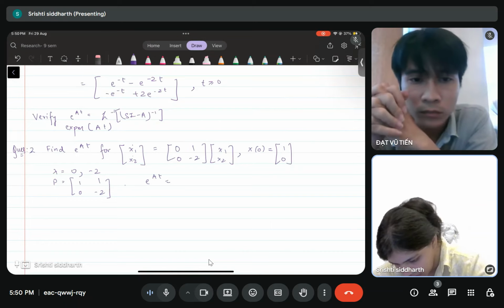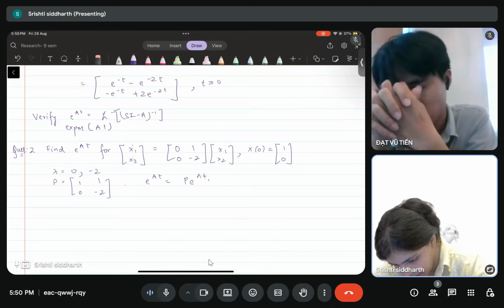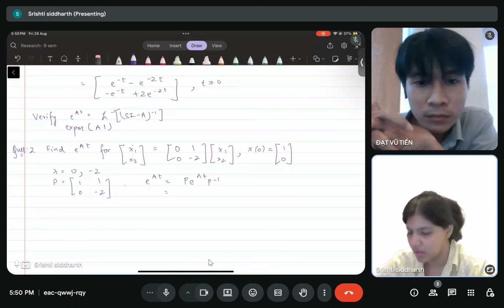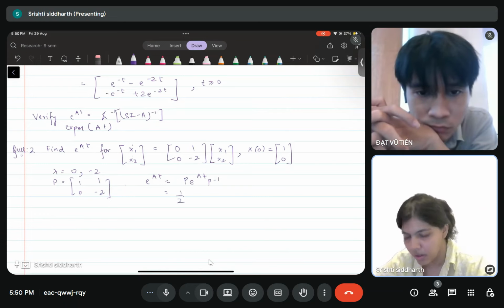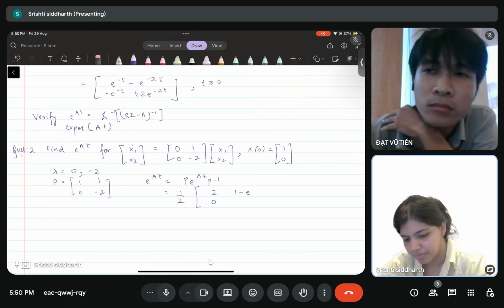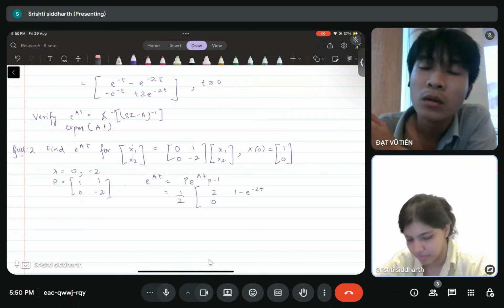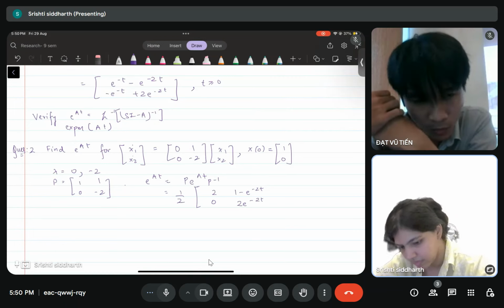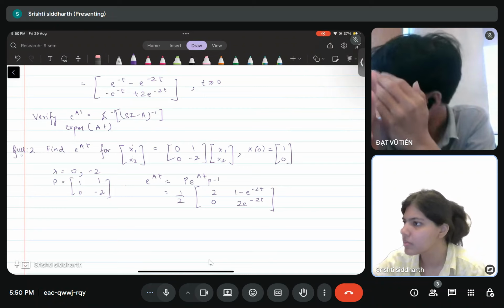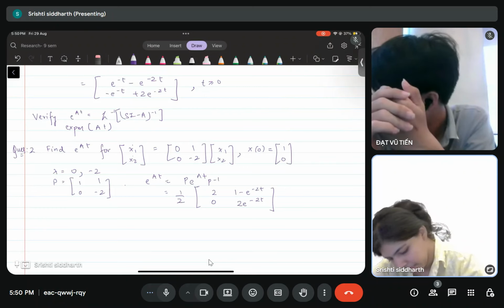So this is e to the power At, P inverse, which is half. Okay.